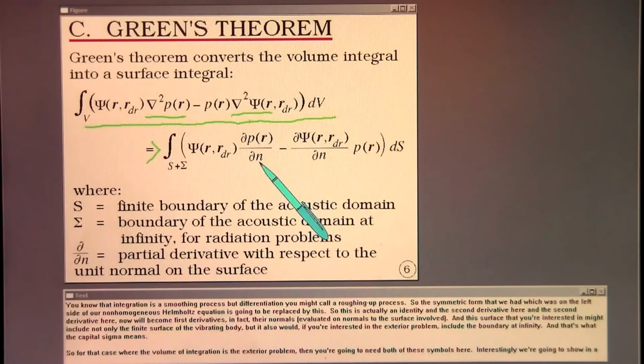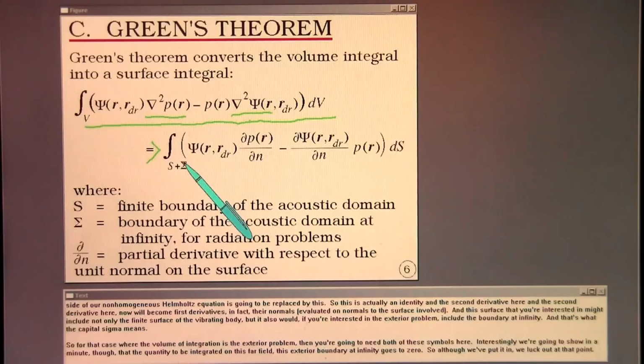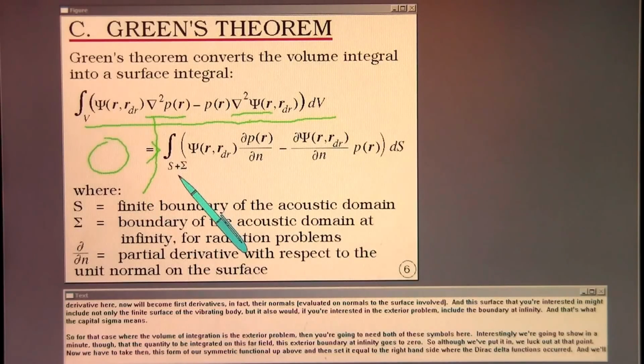And this surface that you're interested in might include not only the finite surface of the vibrating body, but it also would, if you were interested in the exterior problem, include the boundary at infinity, and that's what the capital sigma means. So for that case where the volume of integration is the exterior problem, then you're going to need both of these symbols here.